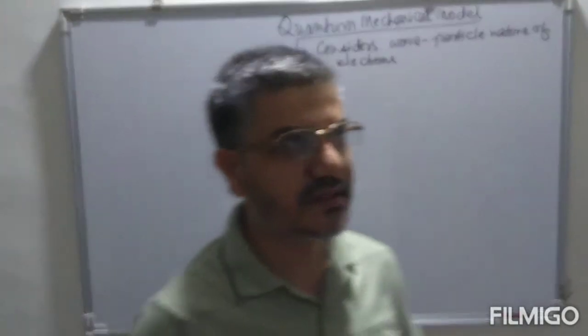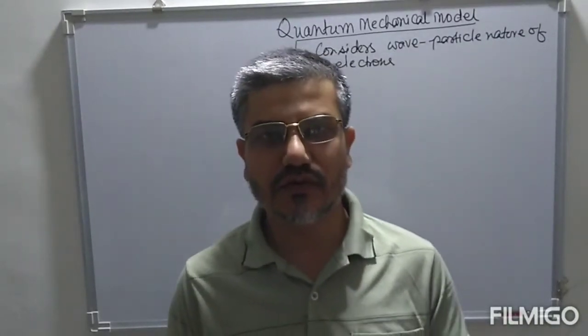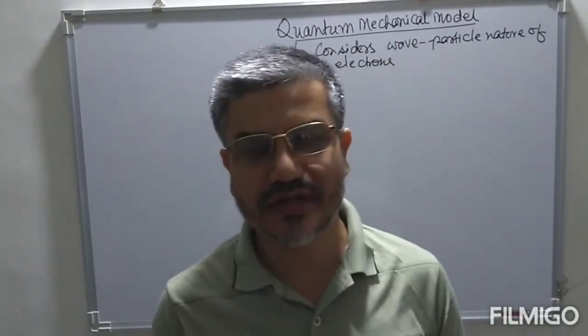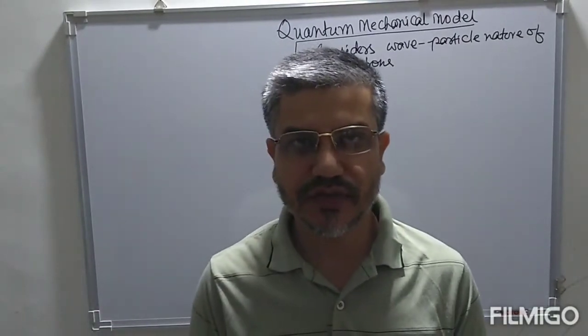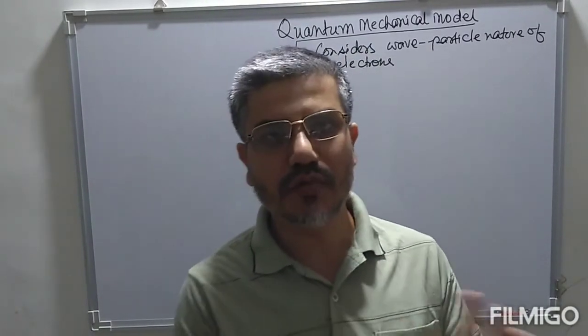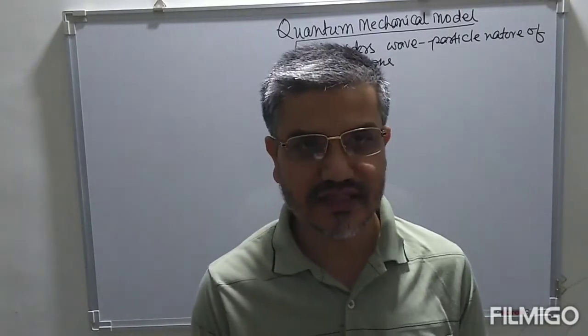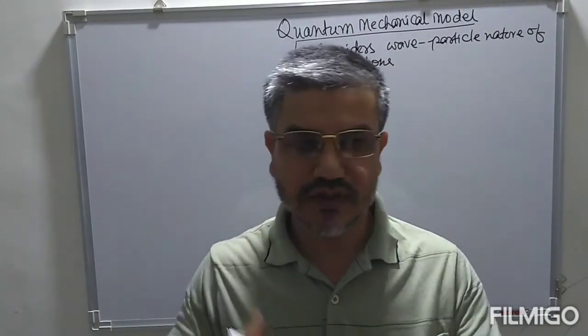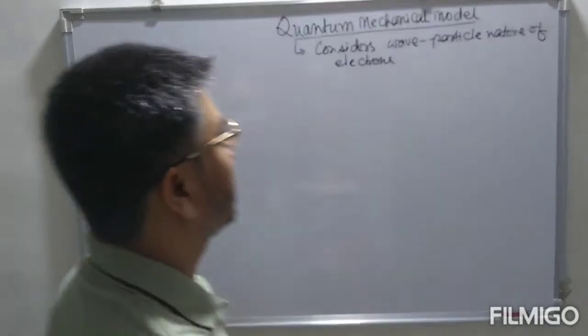Now when we consider electrons behaving like a wave, the question of a fixed circular orbit does not arise. Instead of the fixed circular orbit defined by Bohr's theory, we define the probability of finding an electron in a certain region of space inside an atom, and we replace the orbit by a term known as orbital.